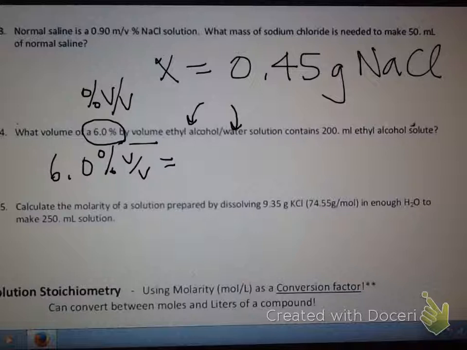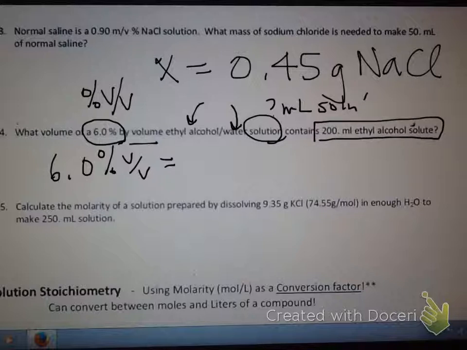What volume of the solution, so how many milliliters of solution, contains 200 milliliters of ethyl alcohol solute? So the ethyl alcohol is the solute. The water is the solvent.